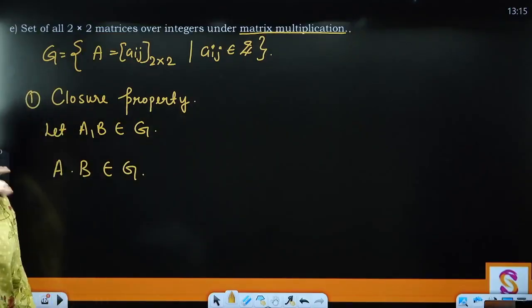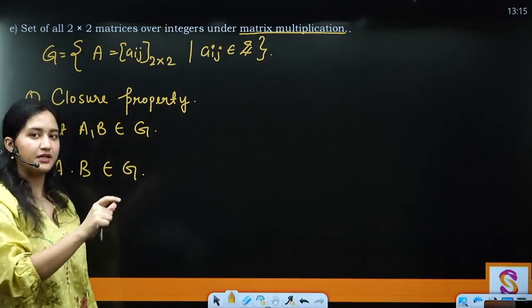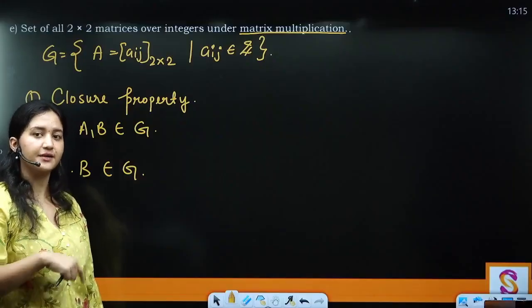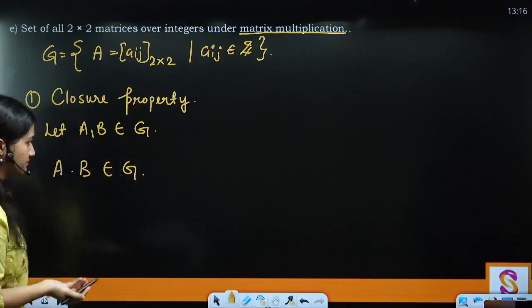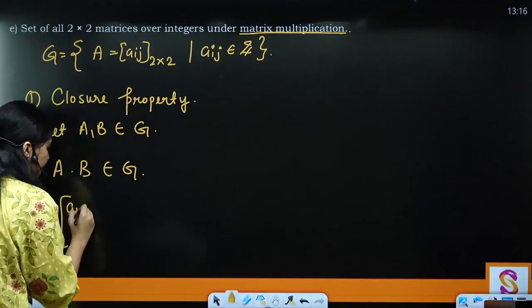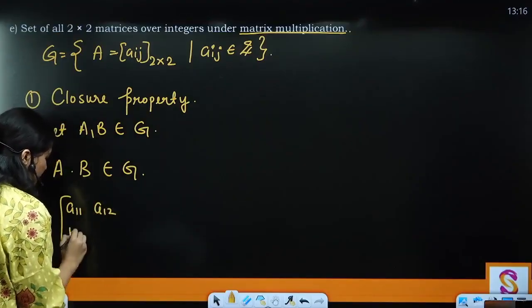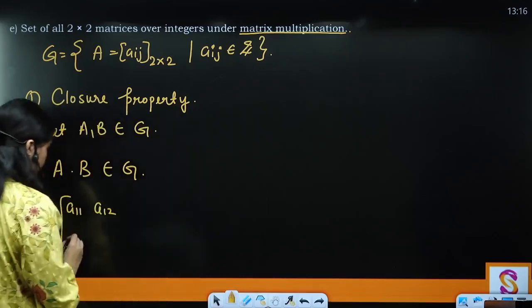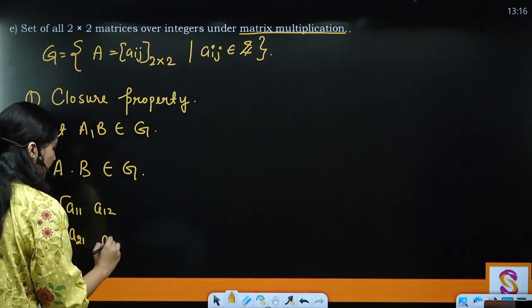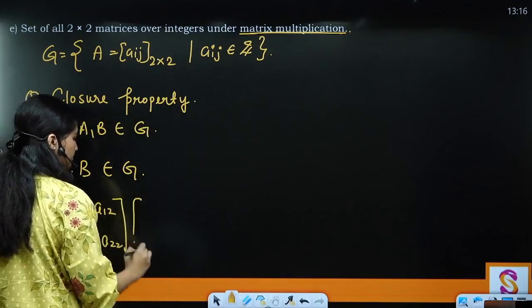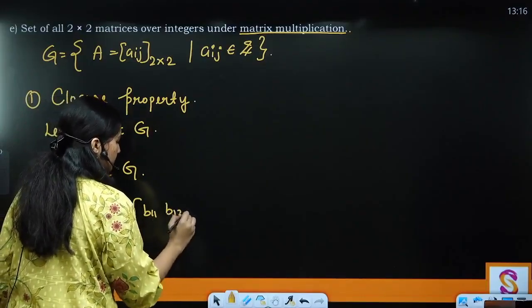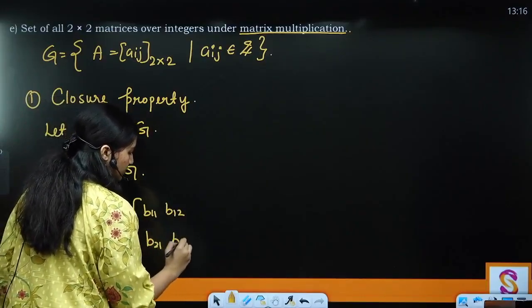And if you are not doing it component wise, but you are doing the matrix multiplication, the ordinary multiplication that is done, then also you are going to get integers. Try one quickly for example. A11, A12, A21, A22, then you have B11, B12, B21, B22.